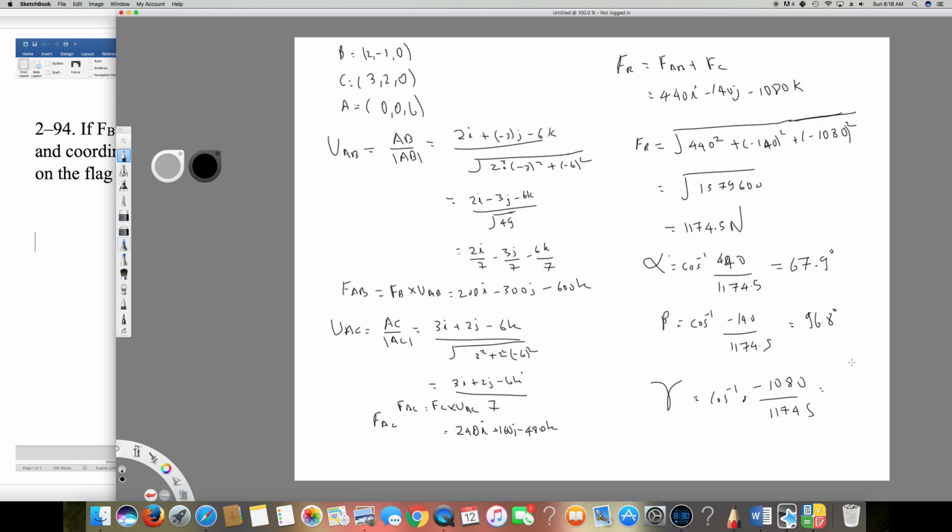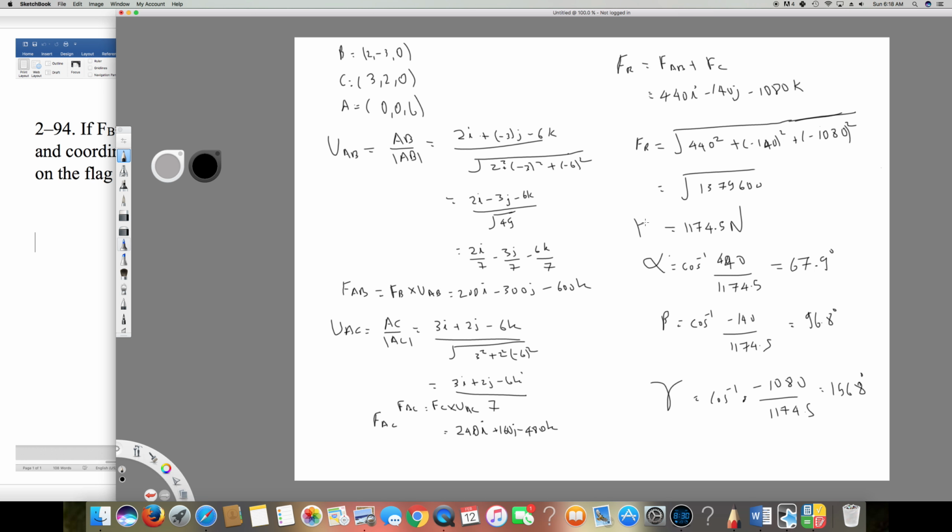And the third one is cos inverse of negative 1080 divided by 1174.5, which gives me 156.8 degrees.